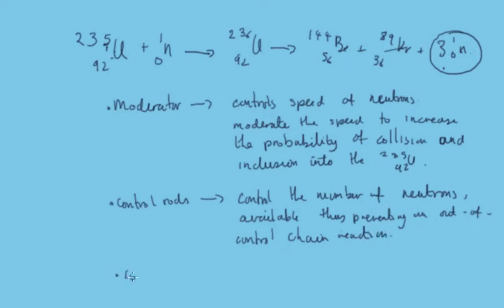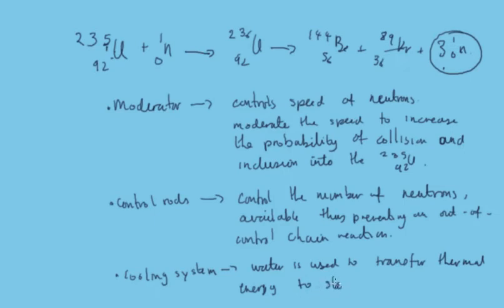And you also need a cooling system. Massive amounts of heat are generated, so water is used to transfer thermal energy to steam generators, and thus that's how the electricity is then generated in these steam generators.